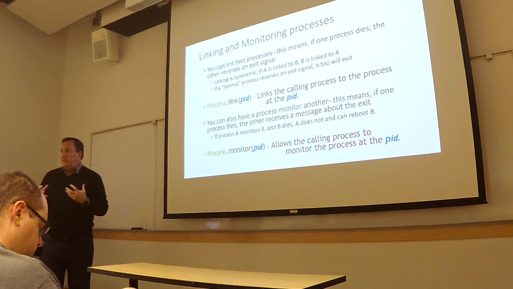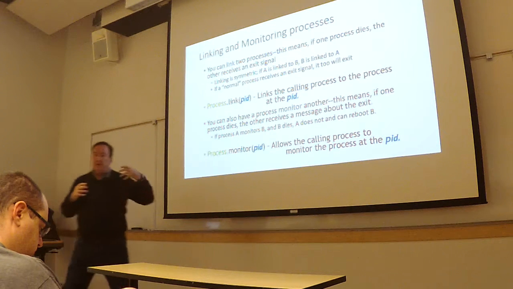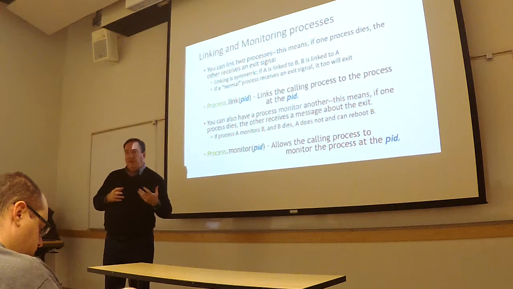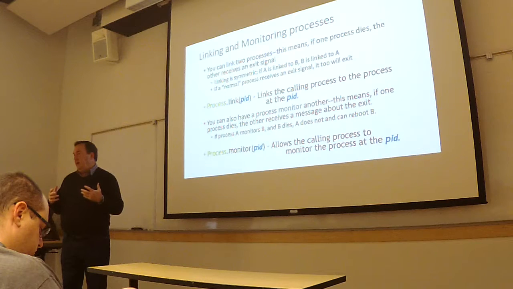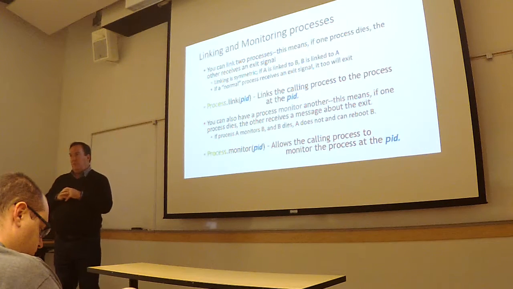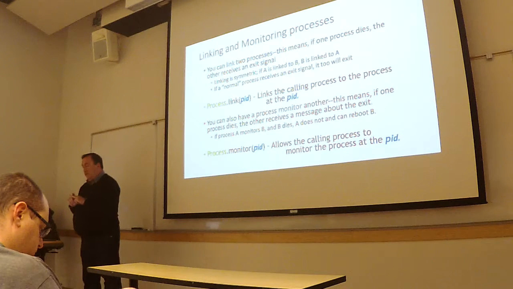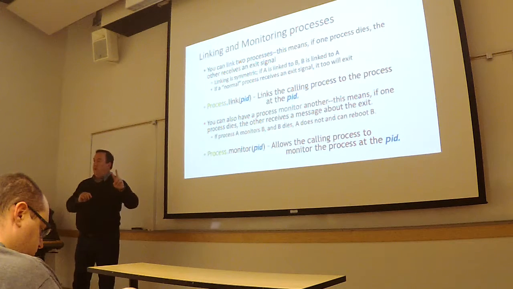Maybe I can only continue to do my job as long as I know this one is up and functioning correctly. And if it goes into a bad state and terminates, I need to be told that. I'll exit and I'll come back up too. And so linking processes makes it so that, again, if one dies, the other is automatically sent the exit signal.